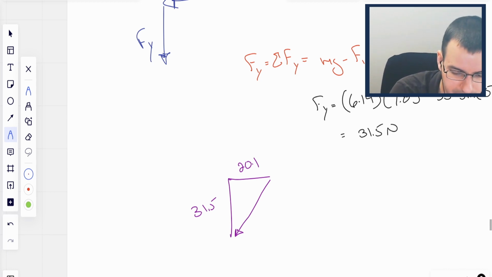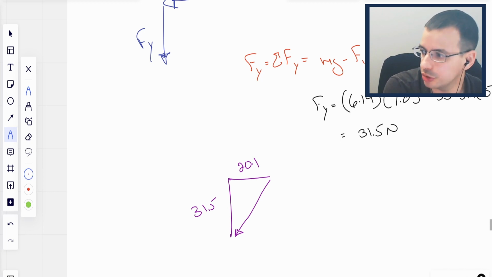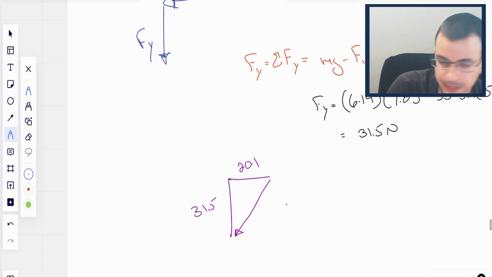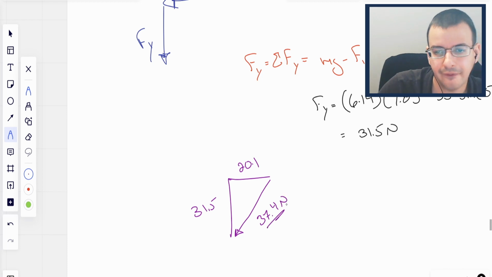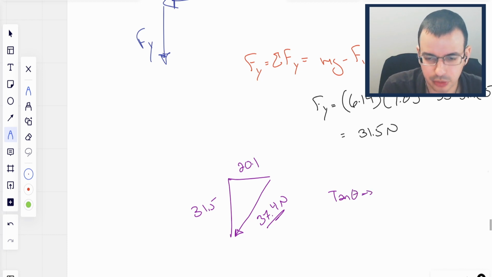So it's going to be 20.1 squared plus 31.5 squared, and then we'll square root that. So it's just the Pythagorean theorem. And that gives 37.4 newtons.